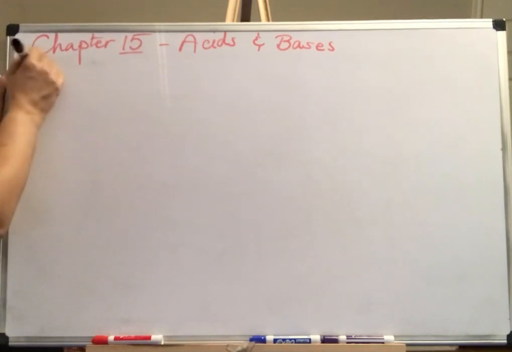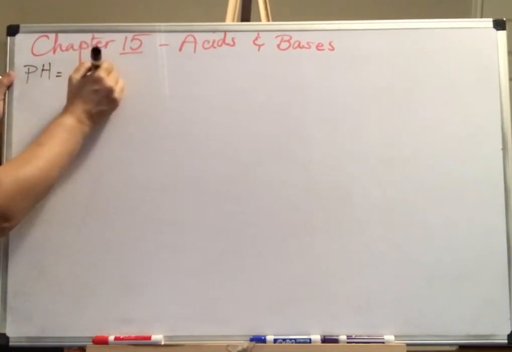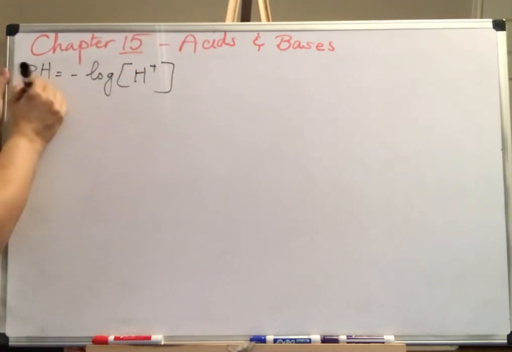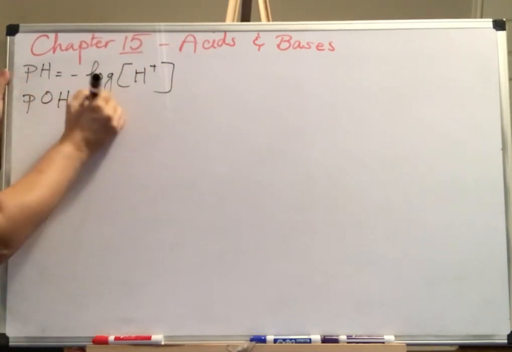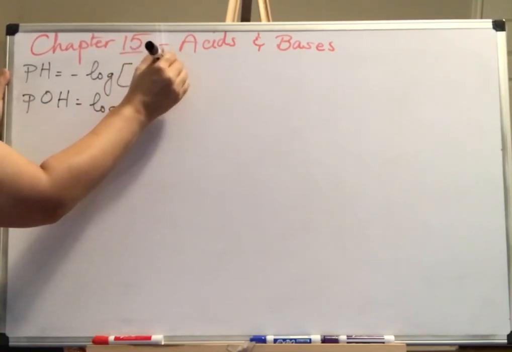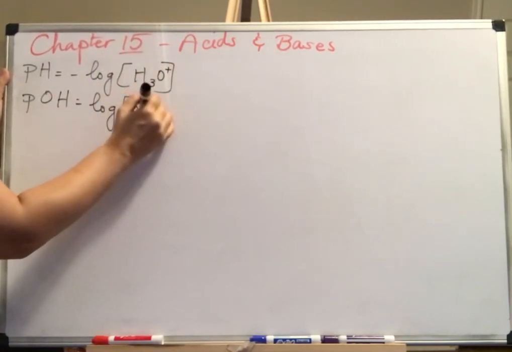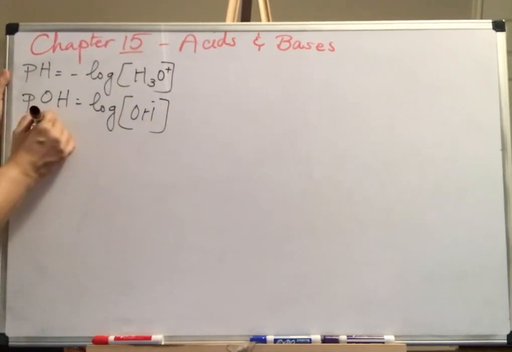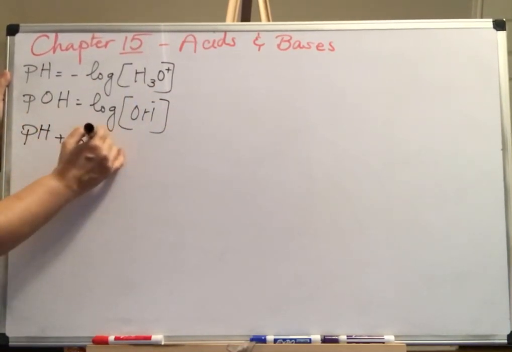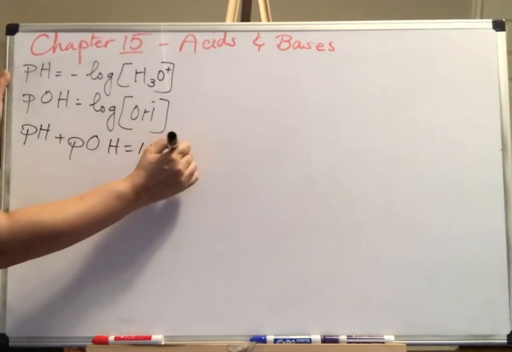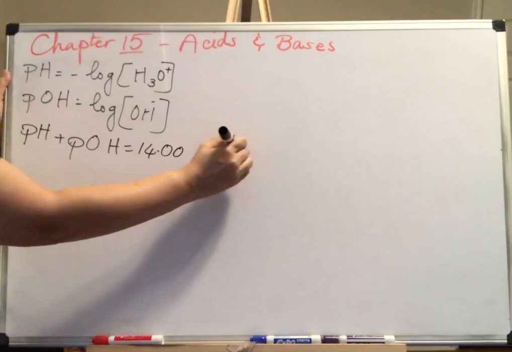So far we said pH is minus log of H3O. pOH is minus log of OH. And then now you can say pH plus pOH is going to be 14 at 25 degrees Celsius.